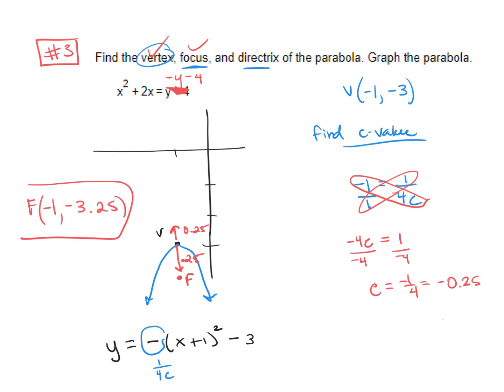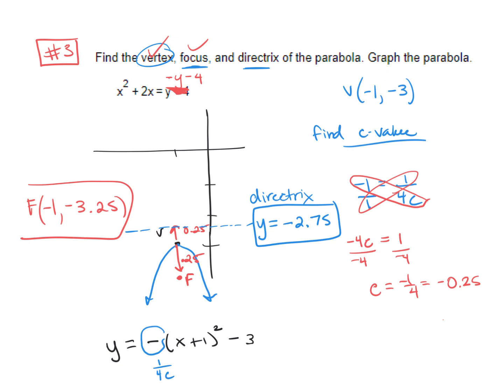Also, I am not drawing this to scale, but I want to envision the directrix as the equation of a line. My line is crossing the y-axis, so it's going to be y equals for the directrix. And then I just have to figure out, I'm not going down 3, that's too far. I'm going down 0.25 units shy of that. So what that's going to be is a negative 2.75. And that is the directrix.